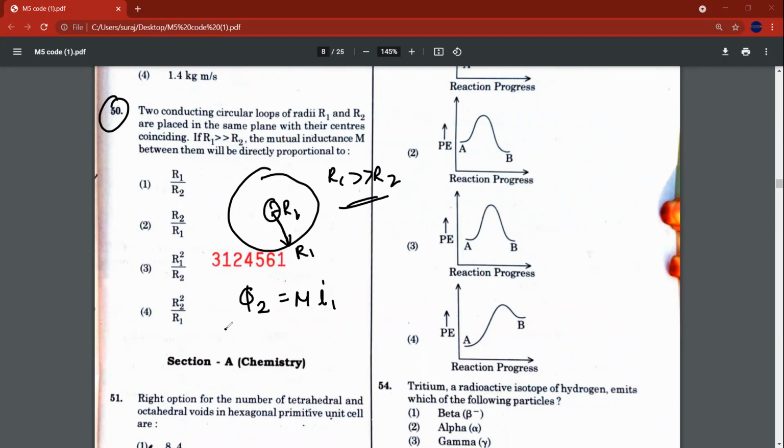B into area. B is what? Mu naught I by 2R1 into pi R2 square equal to M times I1. M will be how much? Directly proportional to R2 square by R1. Option 4. Okay, that's what it means.